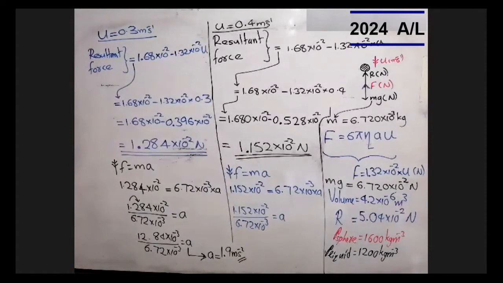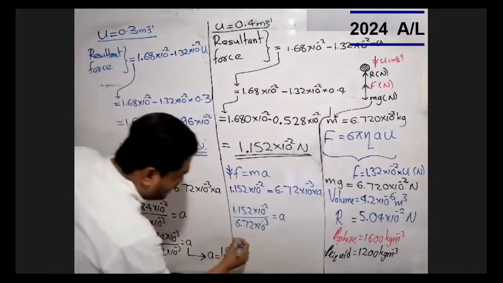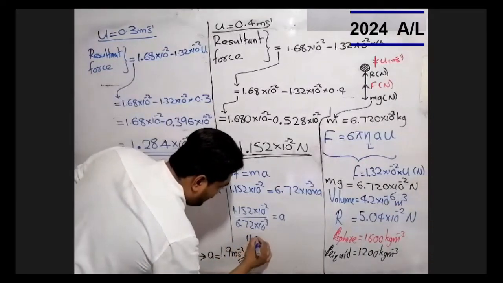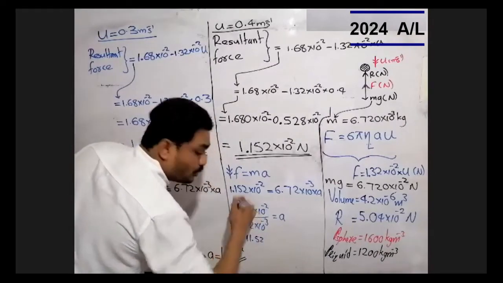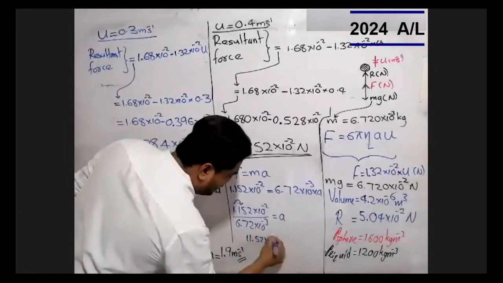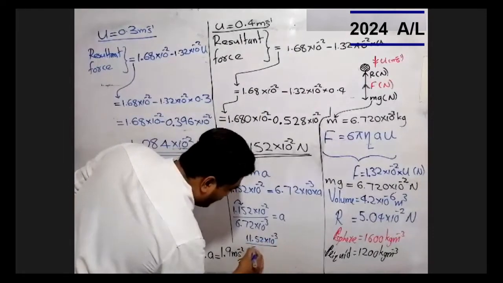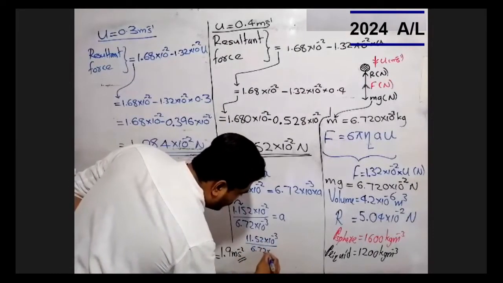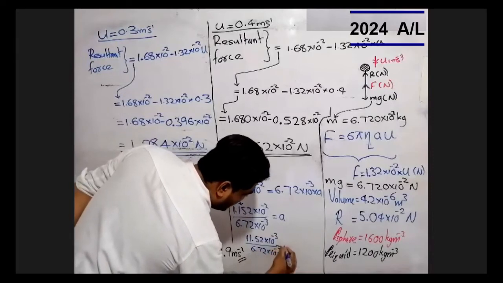Now somebody unmute the mic and tell me how to convert this 10 to the power minus 2 into 10 to the power minus 3. Somebody in the class? 11.52 into 10 to the power minus 3. Very good. This can be written as 11.52, by taking 1 decimal point to the right hand side, into 10 to the power minus 3, divided by 6.72 into 10 to the power minus 3 equals a.